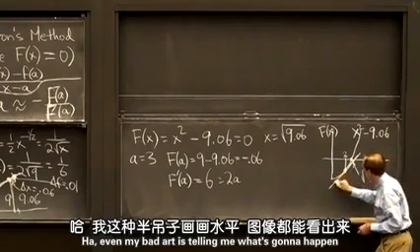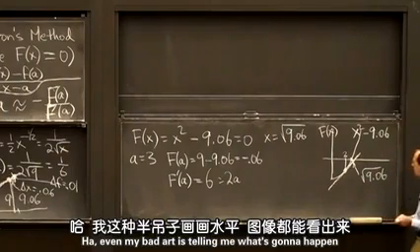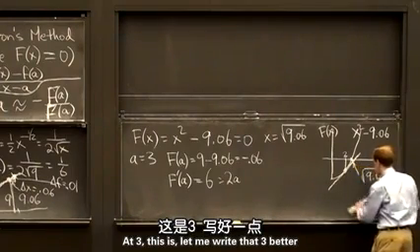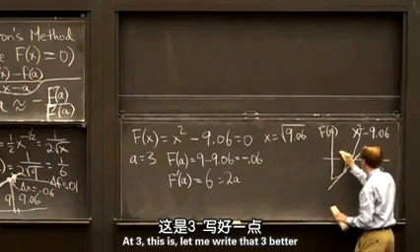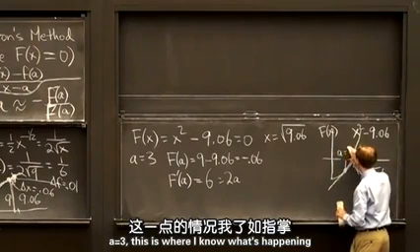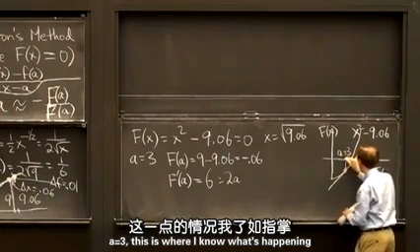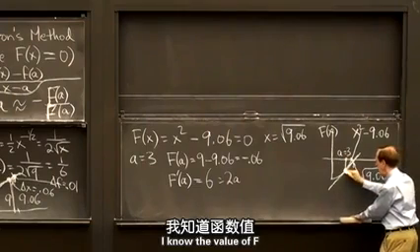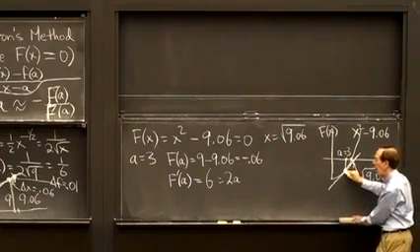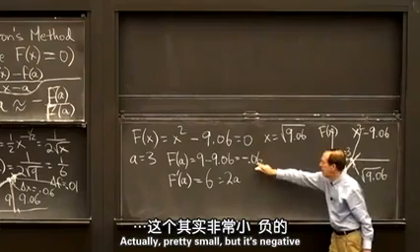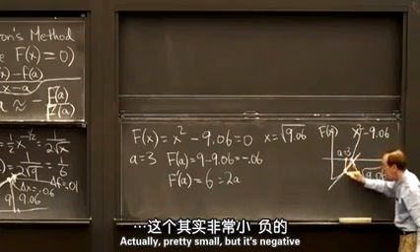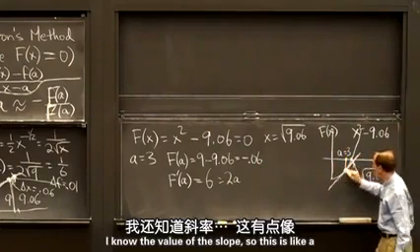Even my bad art is telling me what's going to happen. Let me write that 3 better. A equals 3. This is where I know what's happening. I know the value of f. It's actually pretty small, but it's negative. I know the value of the slope.